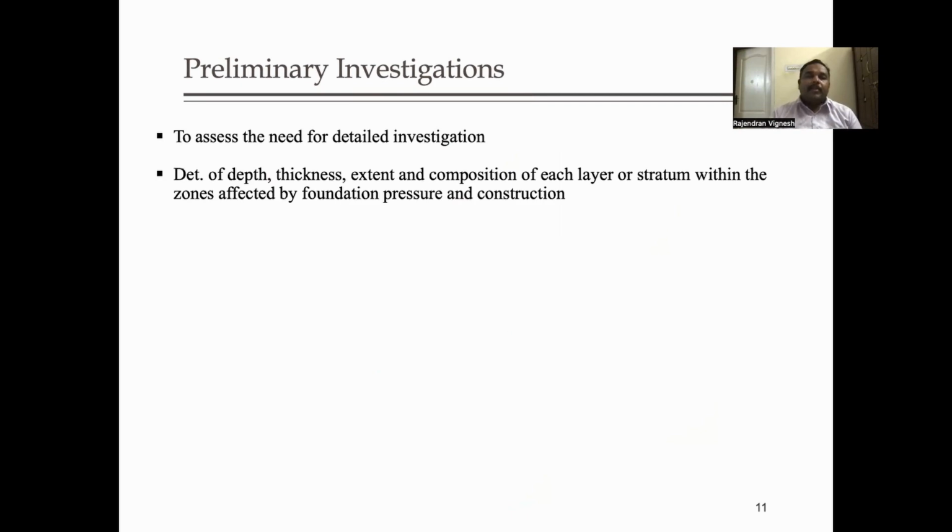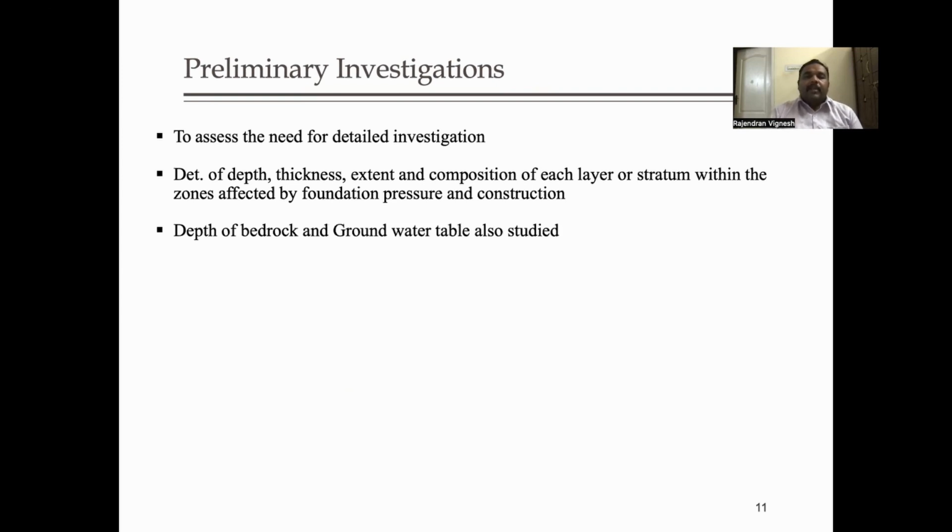So what are the information we can collect through preliminary investigation? That is the depth, thickness of each stratum, and what is the composition, what are the important properties available in that stratum we can identify, and different zones also we can identify whether it is having enough foundation pressure, whether it is suitable for the construction, we can identify through preliminary investigations.